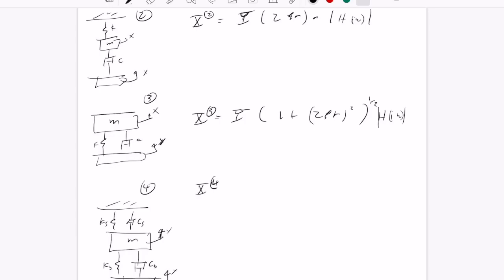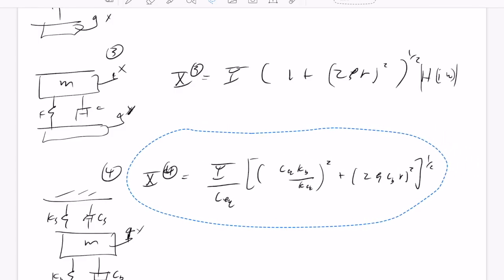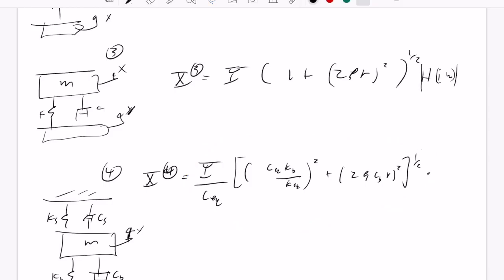So in this case, x4 was equal to y over ceq times, let me take a look at my notes to make sure I don't make a typo here, ceq kb over keq squared plus 2 zeta cb r squared to the 1/2, times the magnitude of H(i omega), like that.